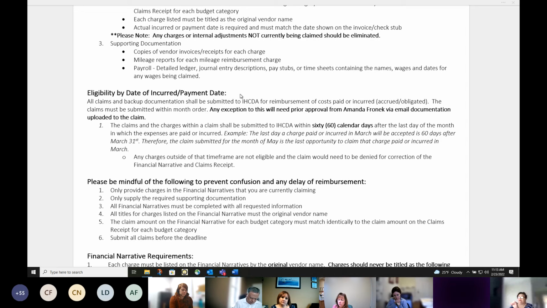You just can never claim more than what the invoice shows you paid. You can always claim less. It happens all the time. They may take an invoice and break it up amongst several different awards, but you can never claim more than what it shows you spent. Did that answer the question? Yeah, thank you. Perfect.